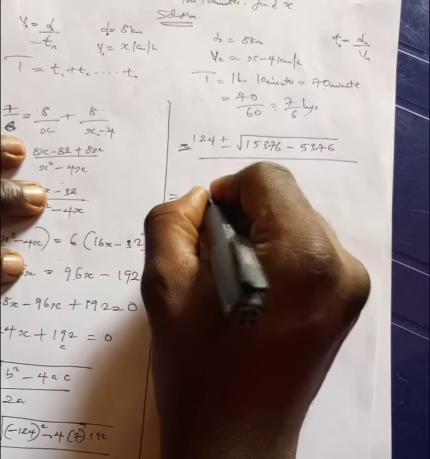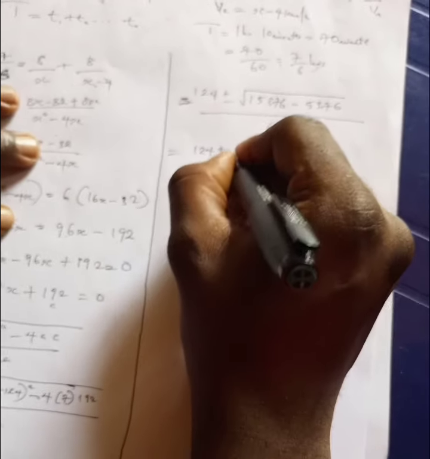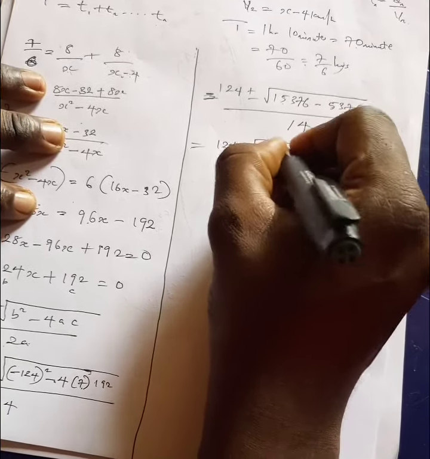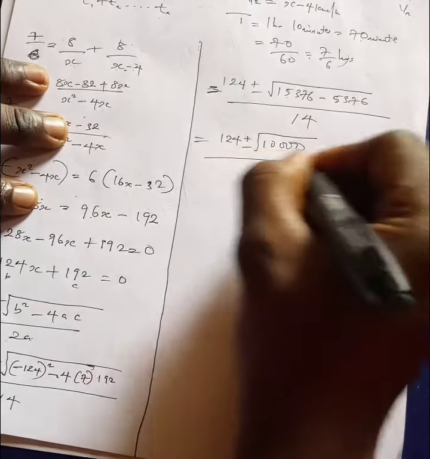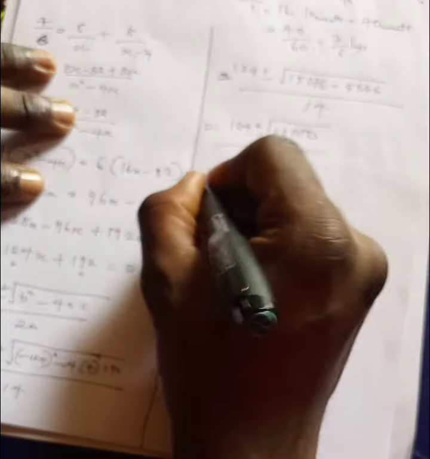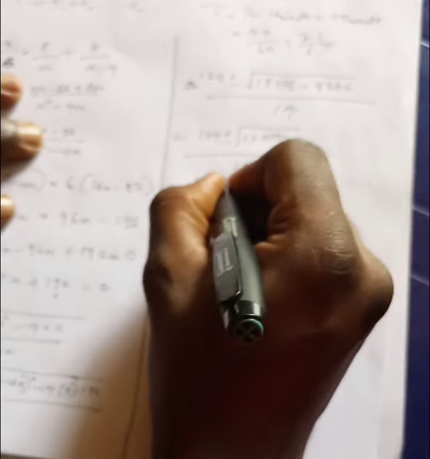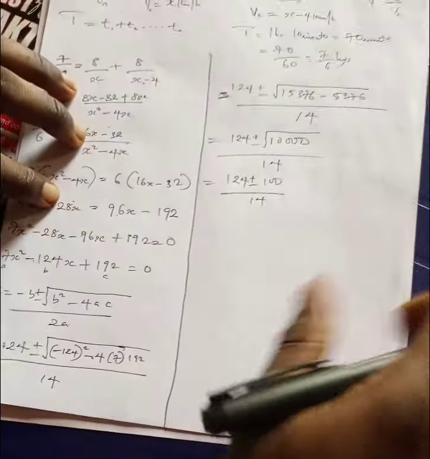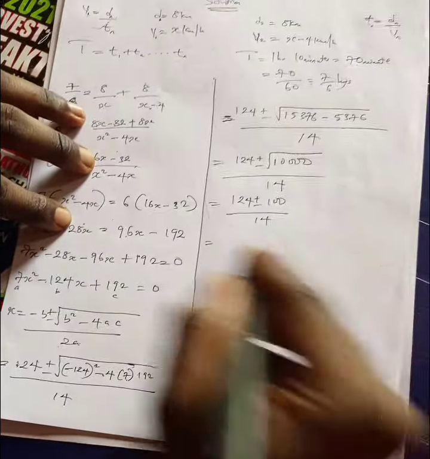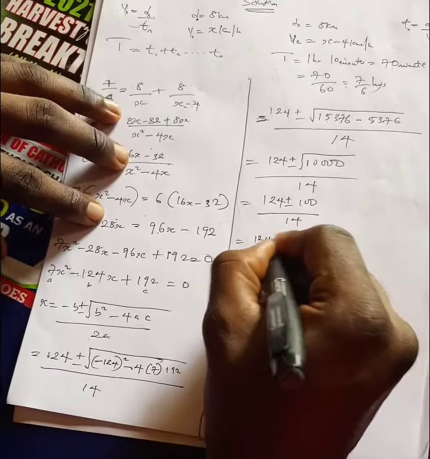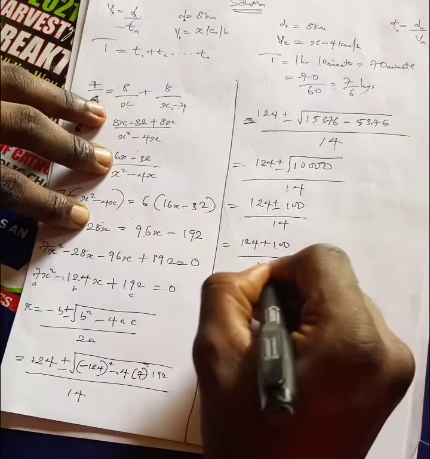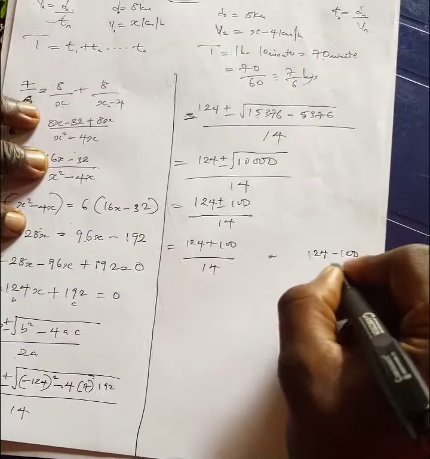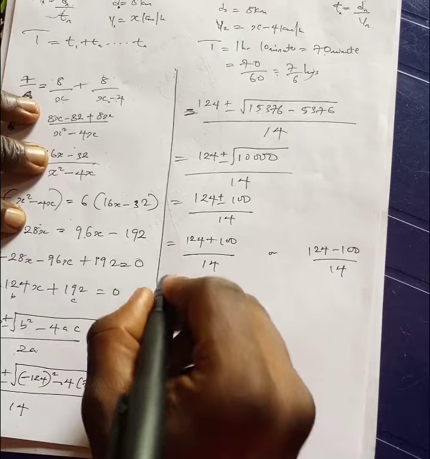So this is 124 plus or minus the square root of this minus this, which is 10,000, all over 14. The square root of 10,000 is 100. And so this can be interpreted as 124 plus 100 divided by 14, or 124 minus 100 divided by 14.